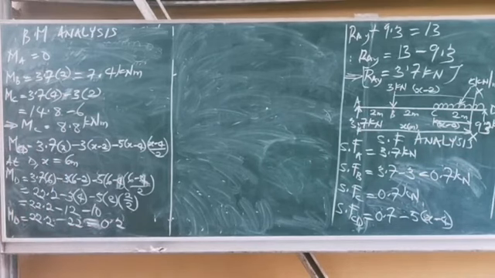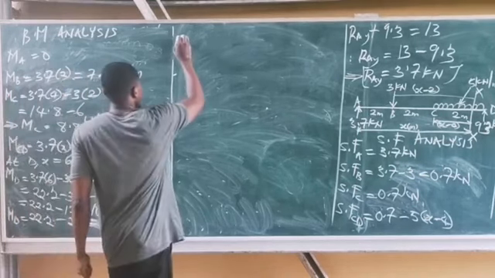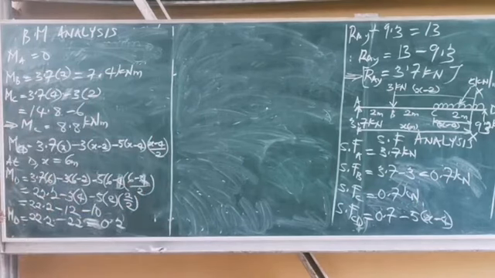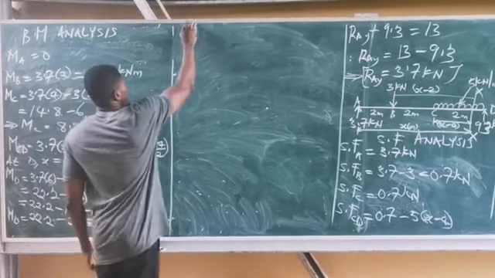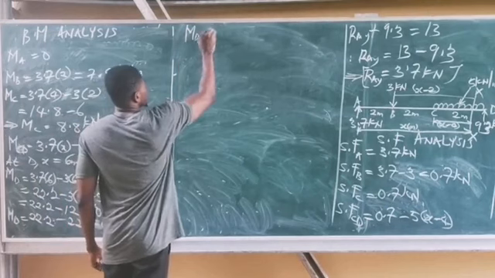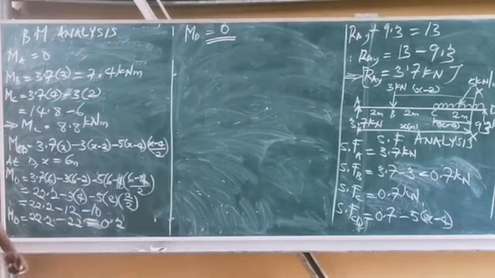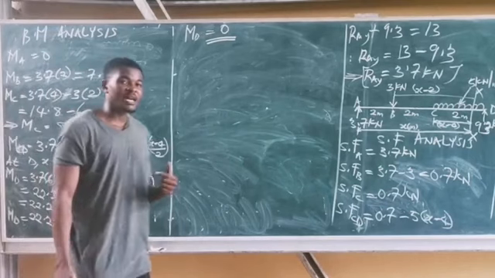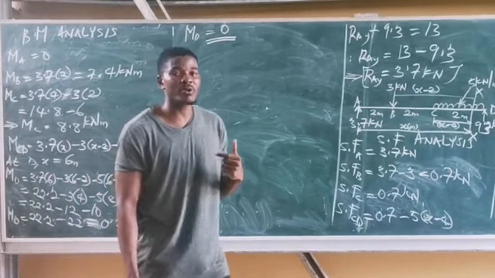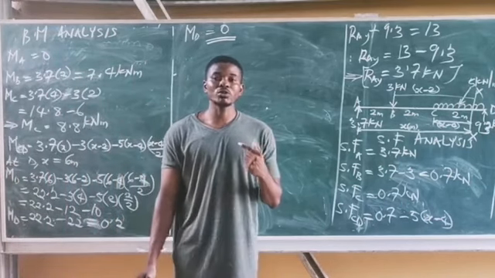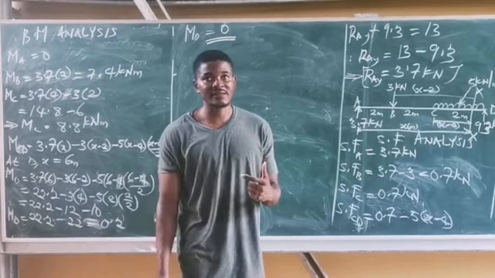So we can simply approximate and say moment at point D is equal to 0, because 0.2 is approximately 0. Again, at the end of every bending moment analysis, you must always obtain 0 as the answer.